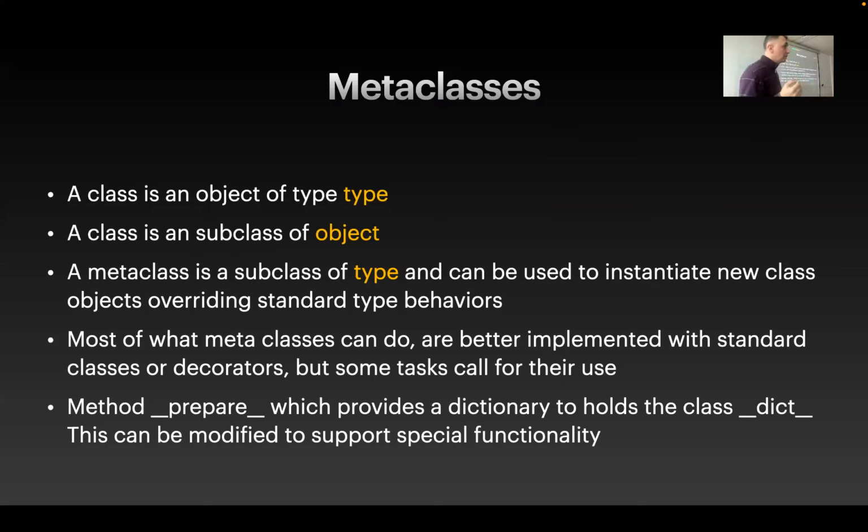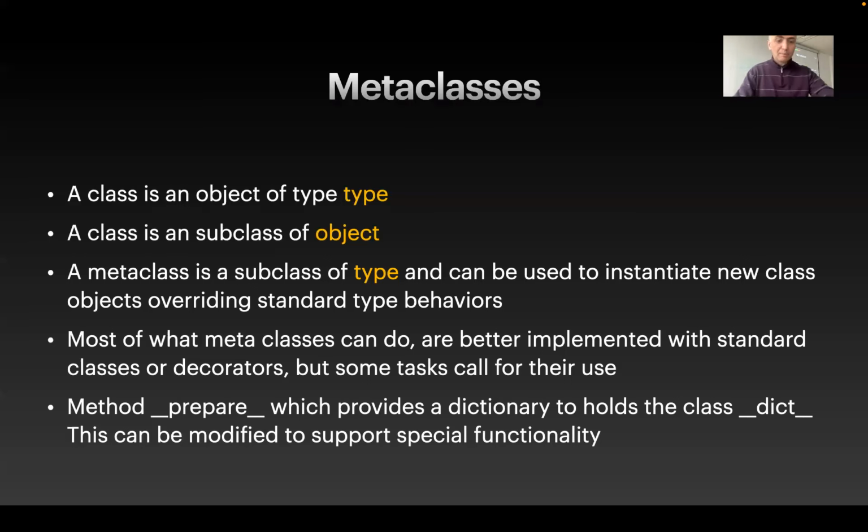With this prepare method, you can create another object that responds to set item and get item, and you can use this as the namespace dictionary. So by changing the behavior of this object, you change the way the class behaves, which is pretty deep, right? I mean, usually this stuff is in a compiler for other languages.